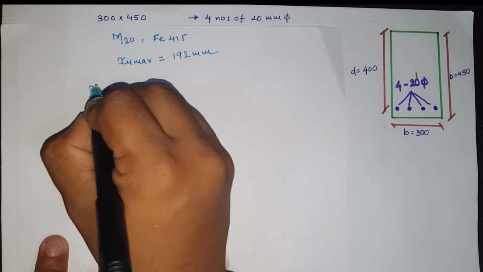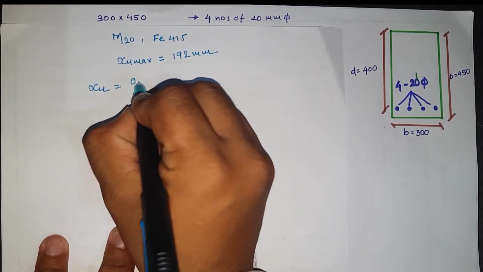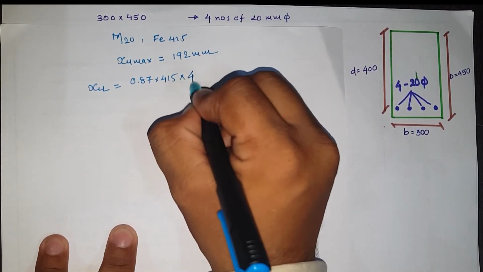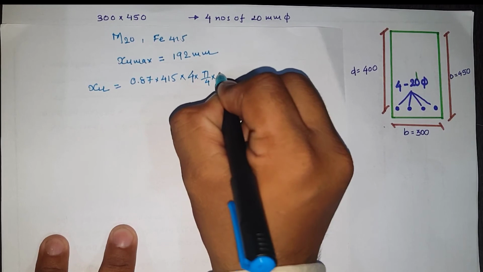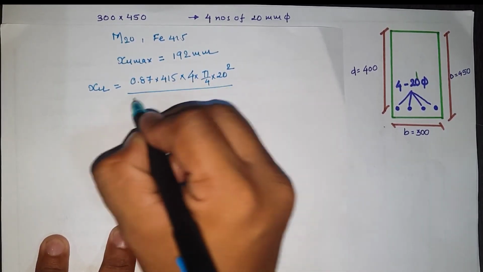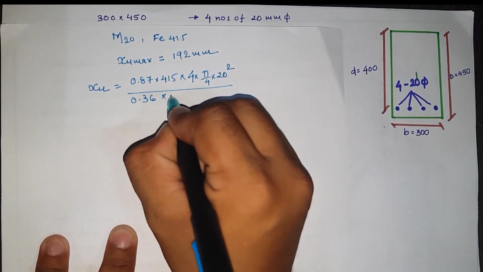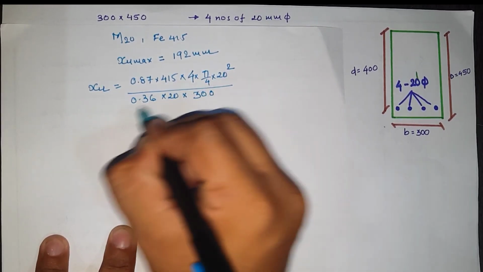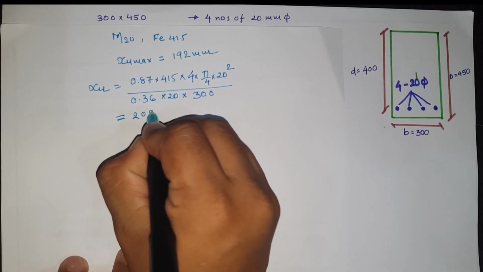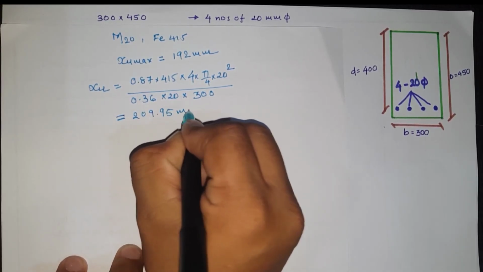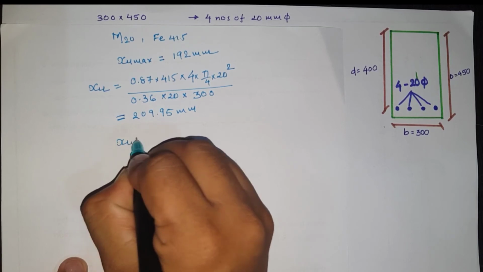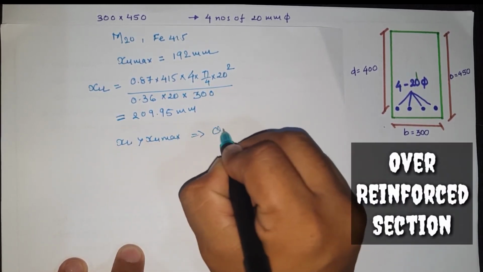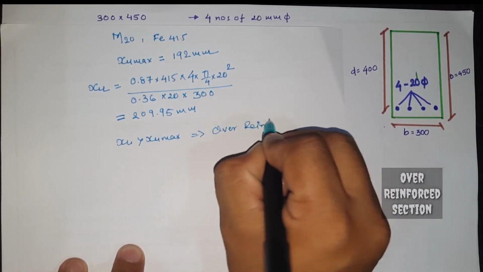Now let us calculate the value of xu, which is 0.87 Fy, with Ast as 4 numbers of pi by 4 d square, divided by 0.36 fck into small b, which is 300. This gives 209.95 mm. Here xu is greater than xu max, so our section is an over reinforced section.